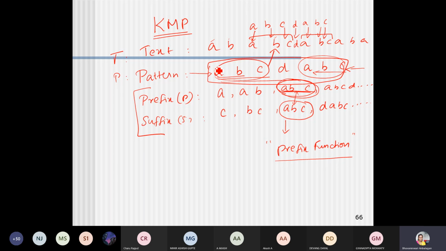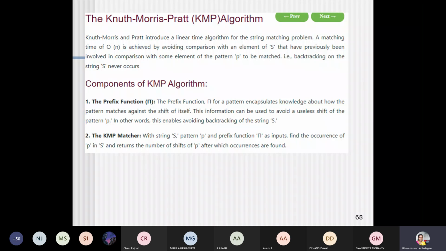Prefix function means: is there any pattern that I can find from the forward direction and the reverse direction, a common set of patterns? It will check for it, match it, and place that pattern over the text straightaway. This is the concept behind the KMP algorithm.